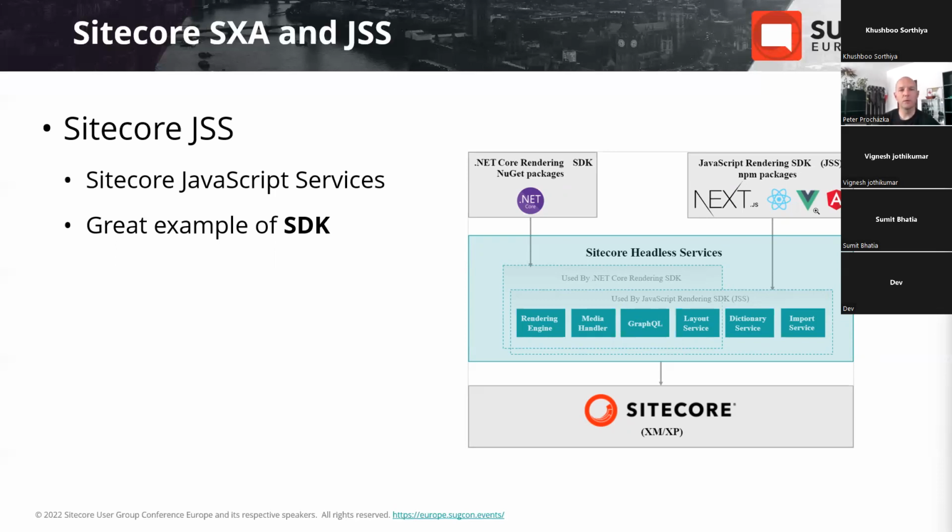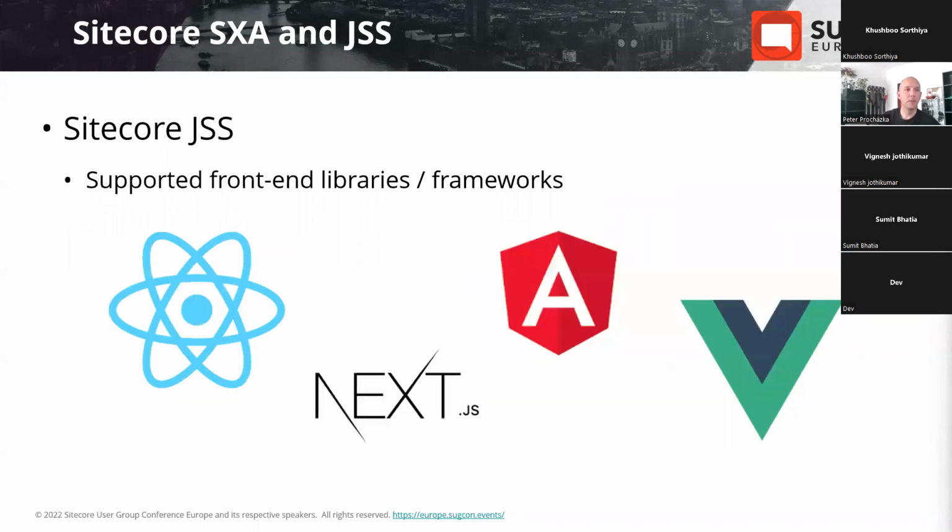Or if you have more backend developers in your team, and the design agency is just providing you HTML and CSS, then maybe going with the ASP.NET Core rendering SDK would be more beneficial for your team.